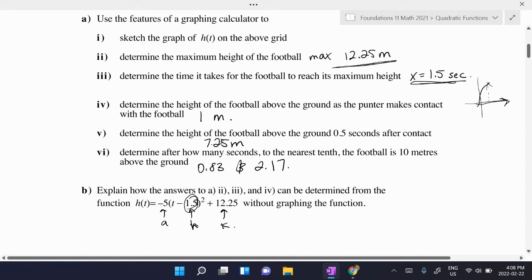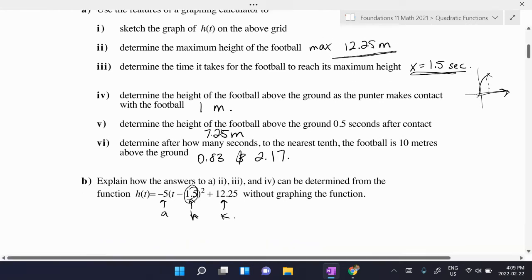Determine the height of the football above the ground.